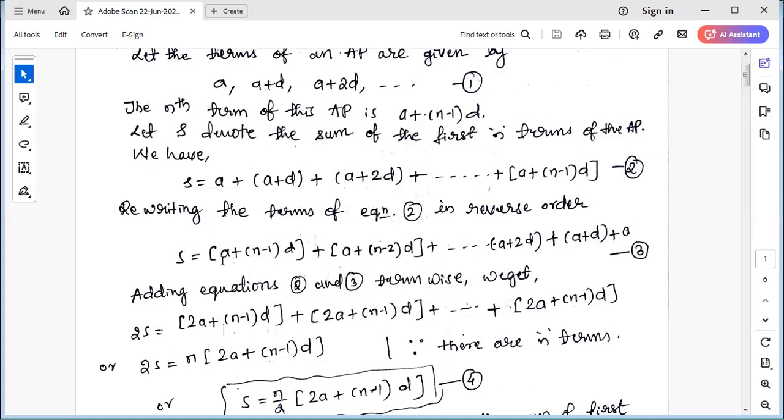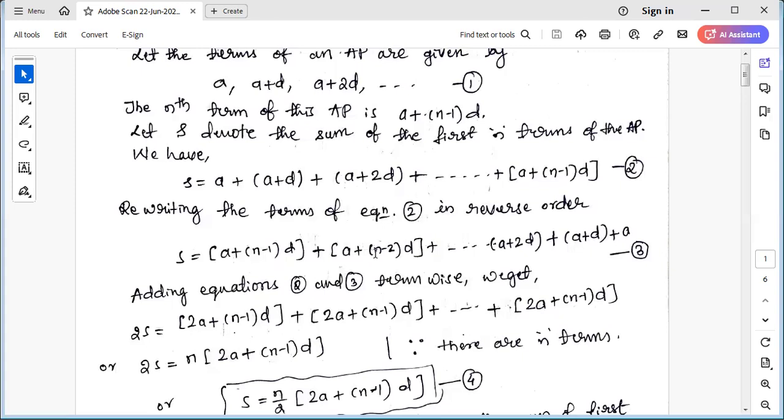So S is equal to, this is the last term that is written first here. So it is a plus n minus 1 into d plus, this is the last but one term, that can be written here. So it is the term behind this, which is present here.